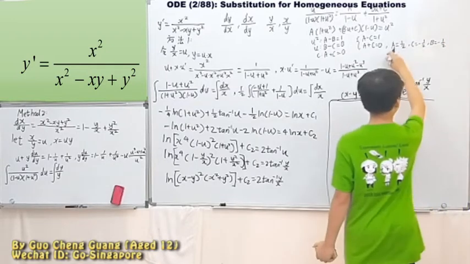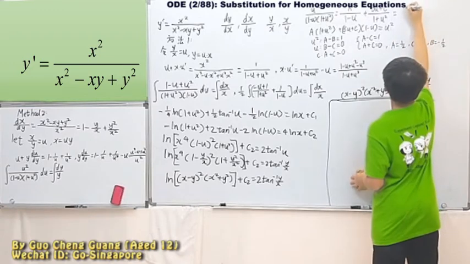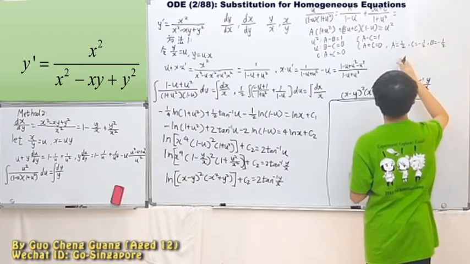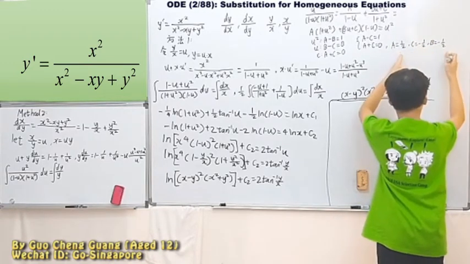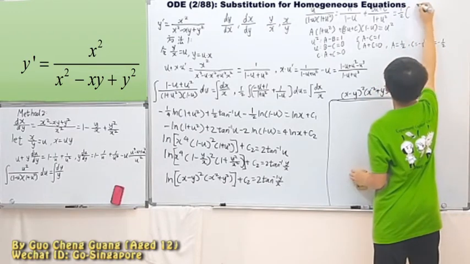Okay, so now I found out these. Now I can put these back. But then you'll realize each of these has a half. So this half can be factorized.